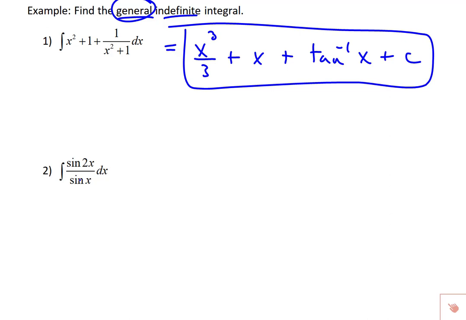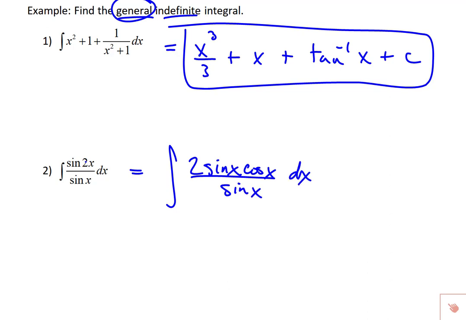Our second example reads the integral of sine of 2x over sine of x, and then dx at the end. Now, you'll recall there are some trig identities lurking here. We could rewrite this as the integral of, instead of sine of 2x, you may recall that's the same thing as 2 sine of x cosine of x, and then we'll keep the sine of x down below with our dx at the end.